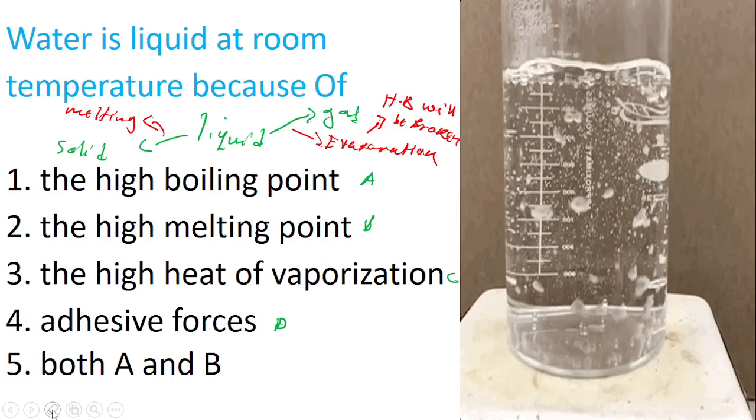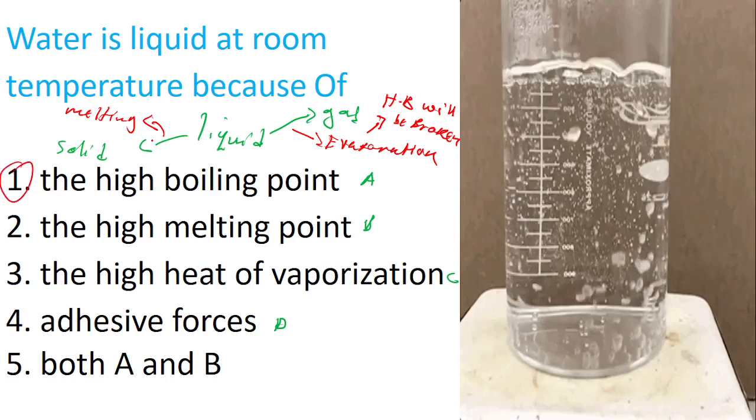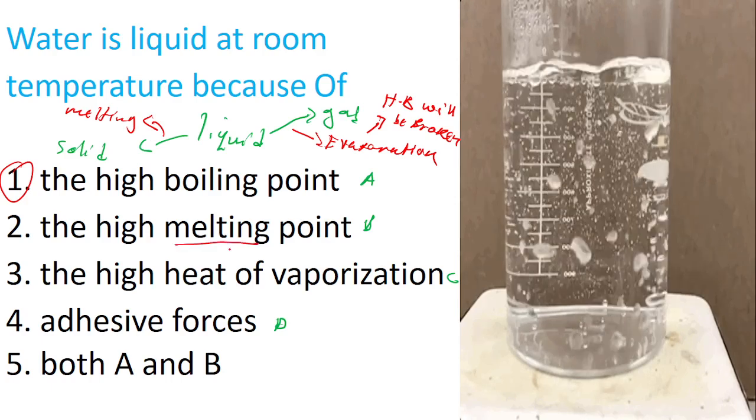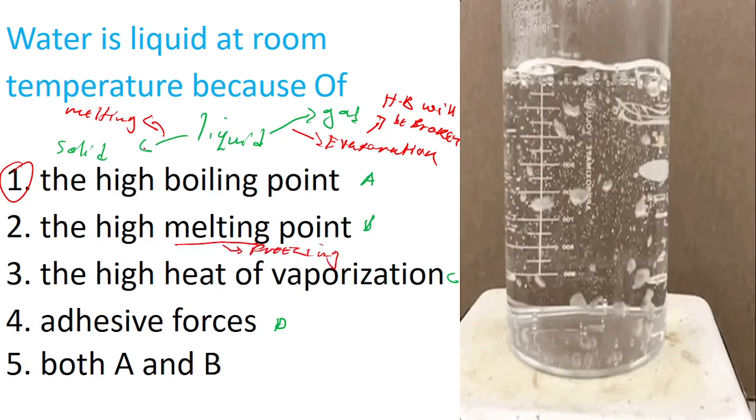We'll go with 1. The reason is that unless this was solidification or freezing, yeah, we can pick it as one of the options. But since melting is from solids to liquids, then surely we can't pick it up.